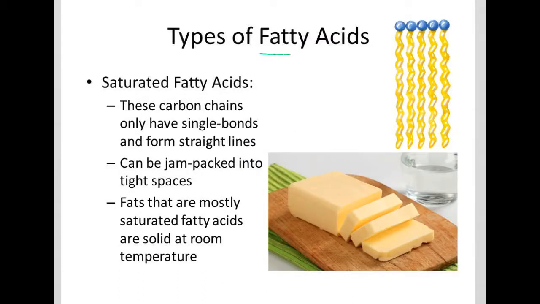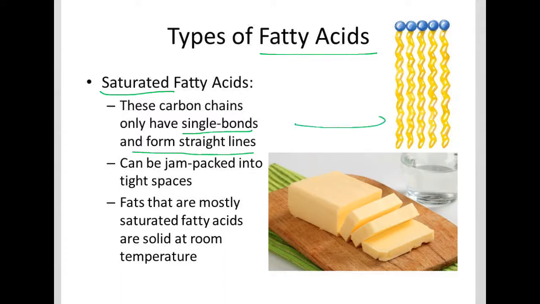There are going to be two main types of fatty acids. There's saturated fatty acids, and if you think of that word saturated, there's like a lot of something. And in saturated fatty acids, these carbon chains have only single bonds and they form straight lines.